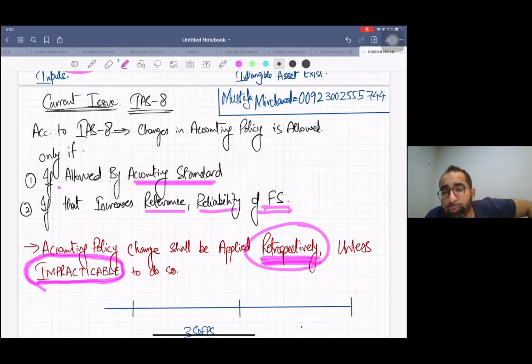For example, the original policy was used for the last 5 years, and now there is a change in policy.